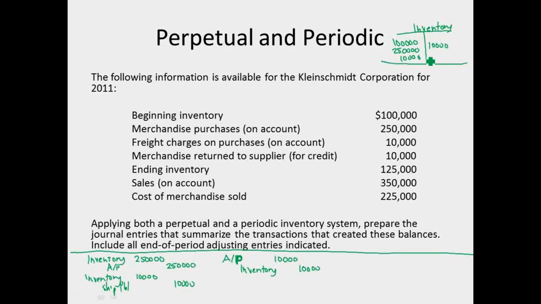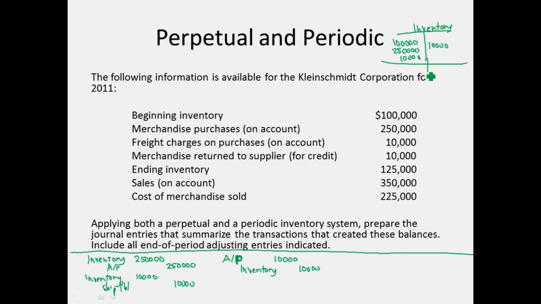Now, according to this, my ending inventory is 125. If I add up 100 and 250 and 10, and then I subtract 10, that would say I have 350. And they're telling me I have 125.